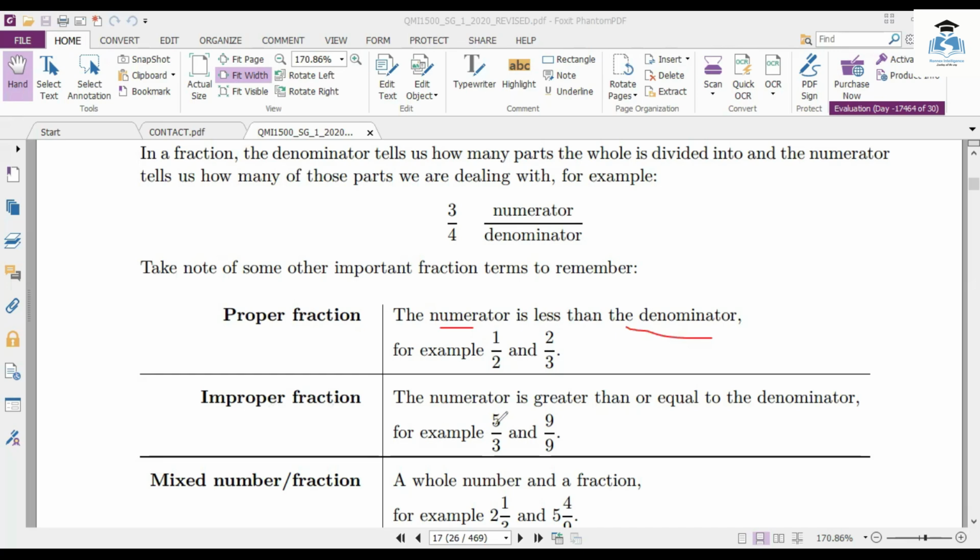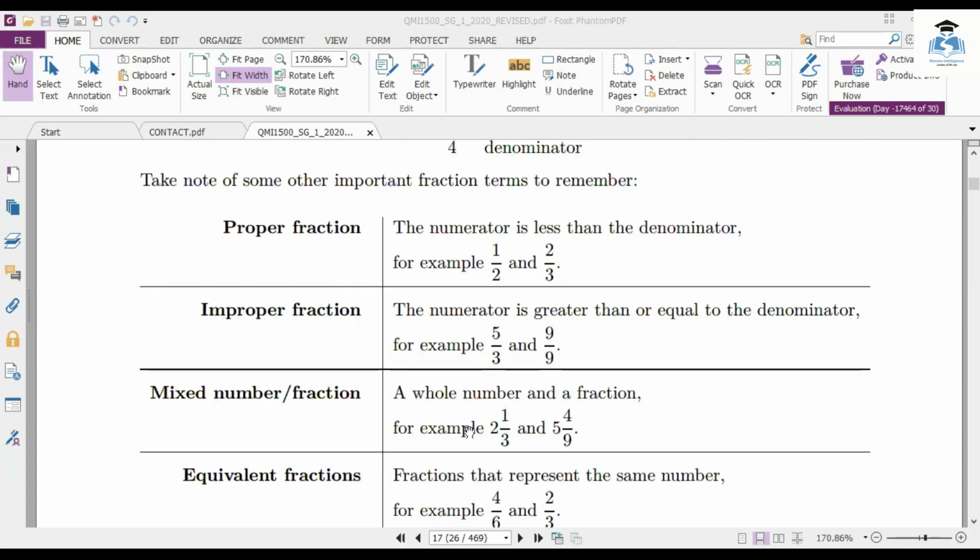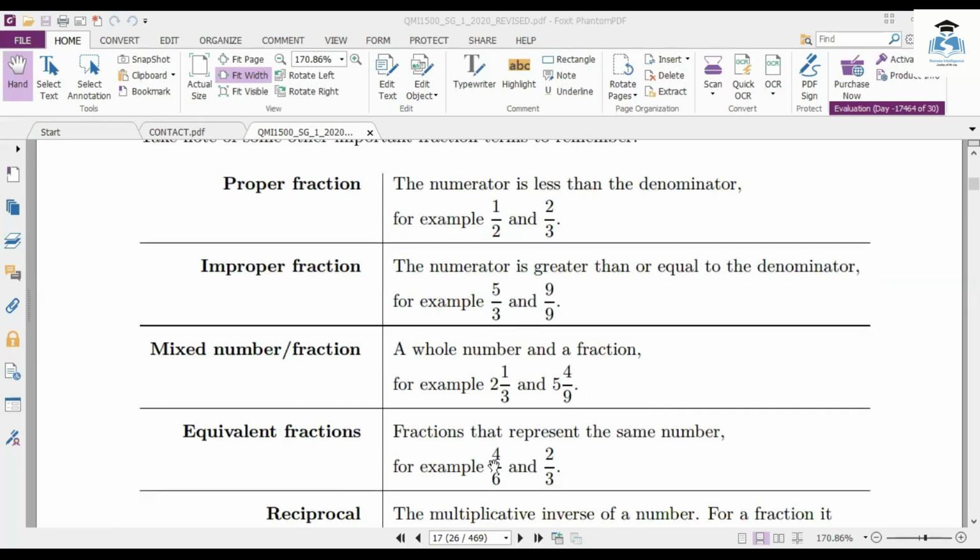Improper fraction, the numerator is greater than the denominator. Then mixed fraction, we have got an integer or a whole number together with a fraction. Then equivalent fractions, these are the ones whereby you can reduce this one to its simplest form, and it will give you this one.